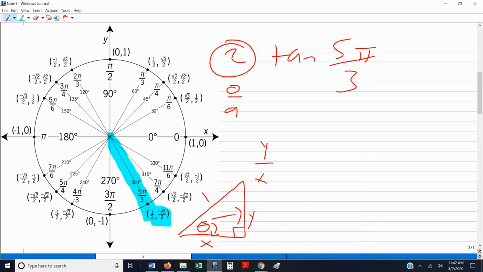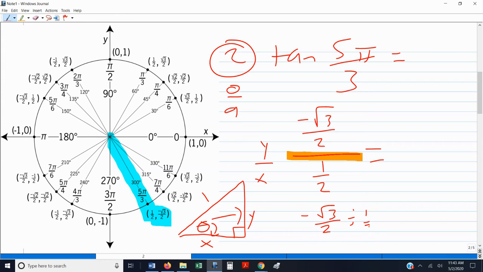So if you can remember that tangent is y over x, then what you're doing, and this one's a little bit trickier, is the y value, negative root 3 over 2, divided by the x value, which is 1/2. Right? Y over x, the y value over the x value. And then we'll do a little bit of arithmetic. Remember that that fraction bar represents division.